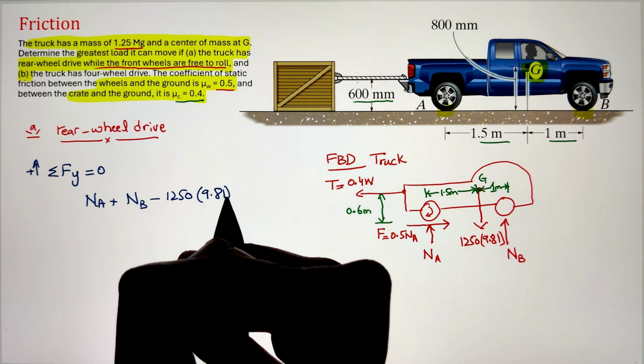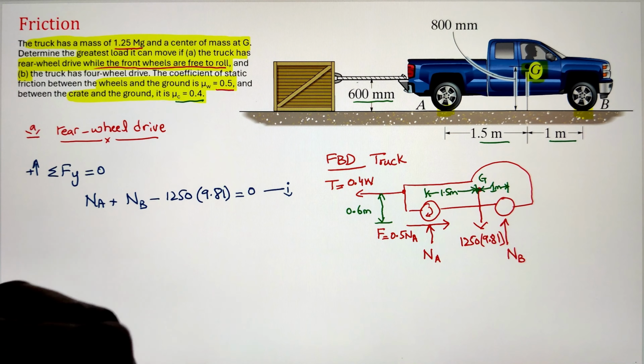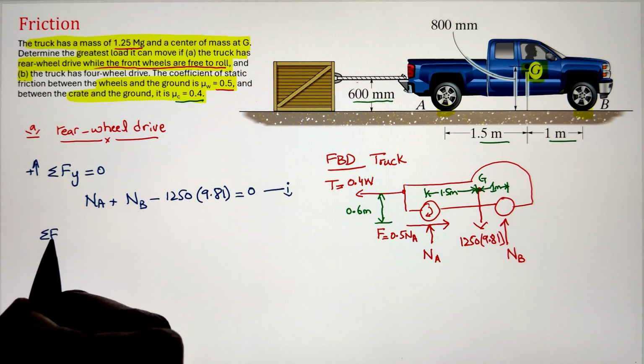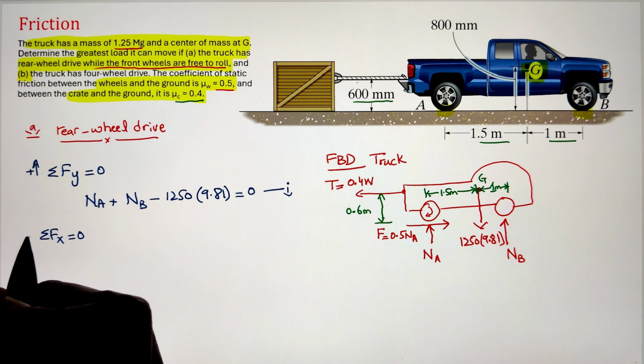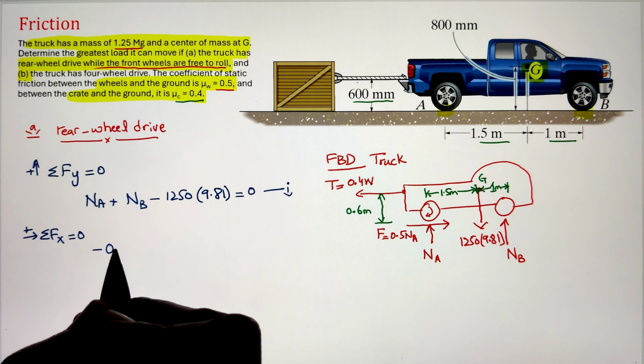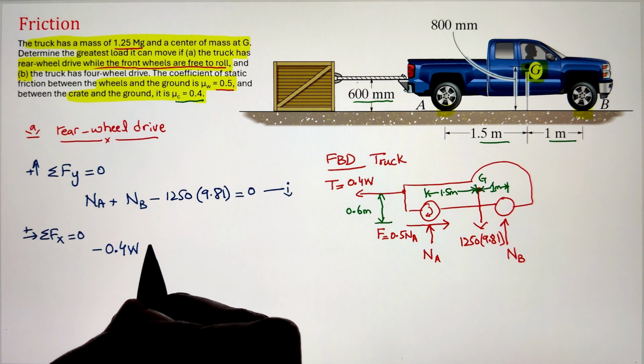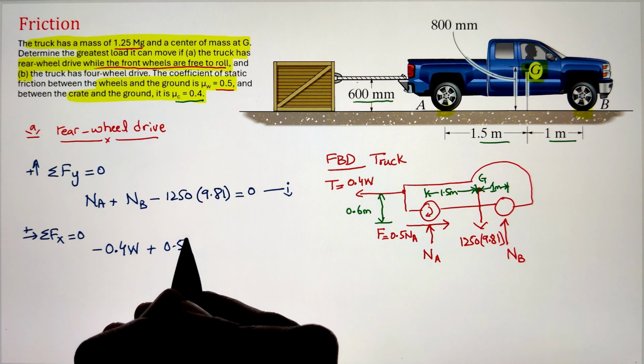That's why it is taken as negative. Next, I can write summation of forces along the horizontal x-axis equals 0. So here we have the tension going towards the left. That's why it is taken as negative, whereas the frictional force of 0.5 NA is going towards the right.